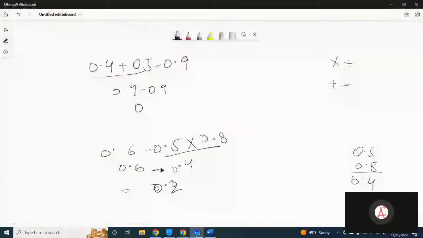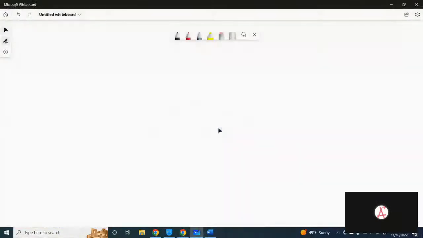Let me write down the lesson name on the board, then we'll start. Add, subtract, multiply, or divide two fractions.